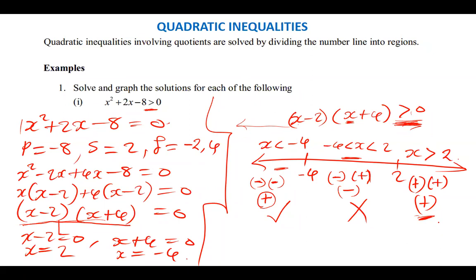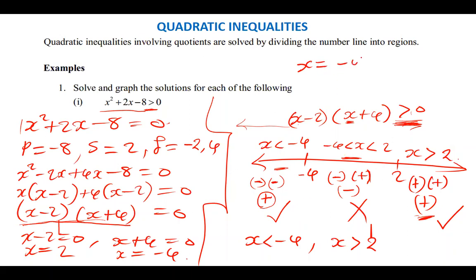The answer is yes. So the two regions that they want us to find in this question are simply x less than -4 and x greater than 2. These are the two solution sets. If you want, you can write them in interval notation, as x is equal to numbers that are less than -4.